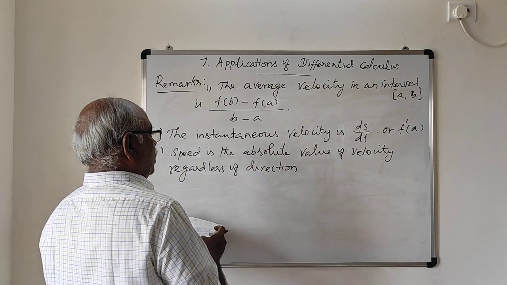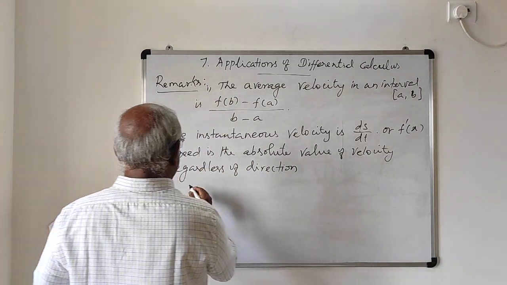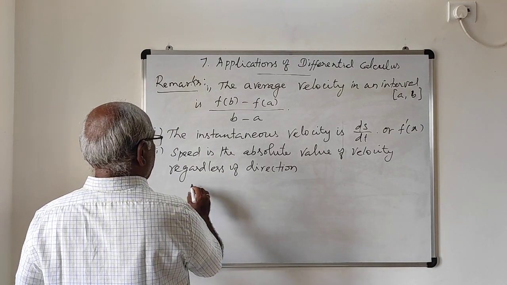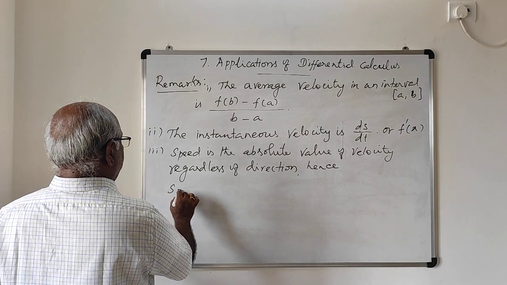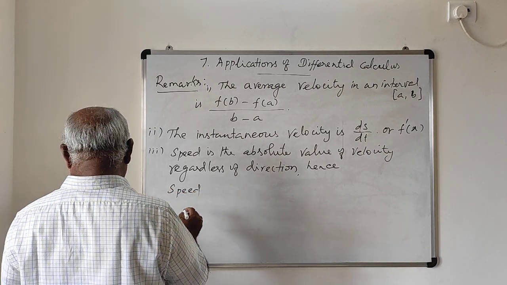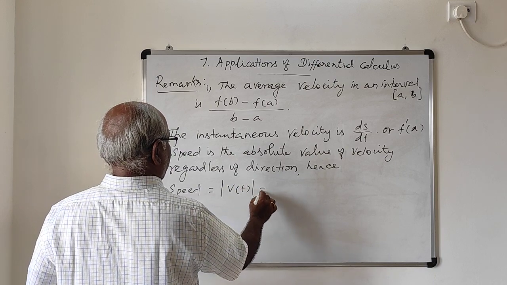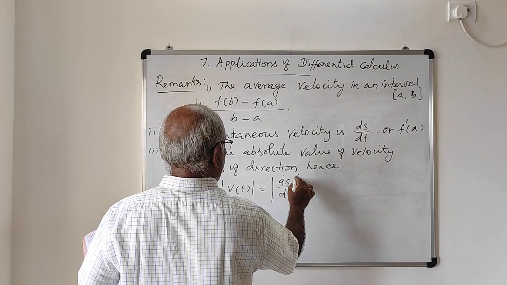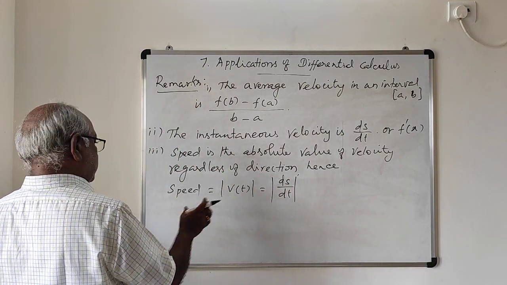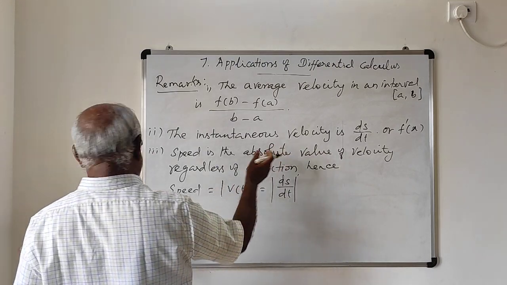Hence, speed is equal to the absolute value of velocity, that is equal to mod of ds by dt, the absolute value of ds by dt. This is the absolute value of velocity regardless of direction.